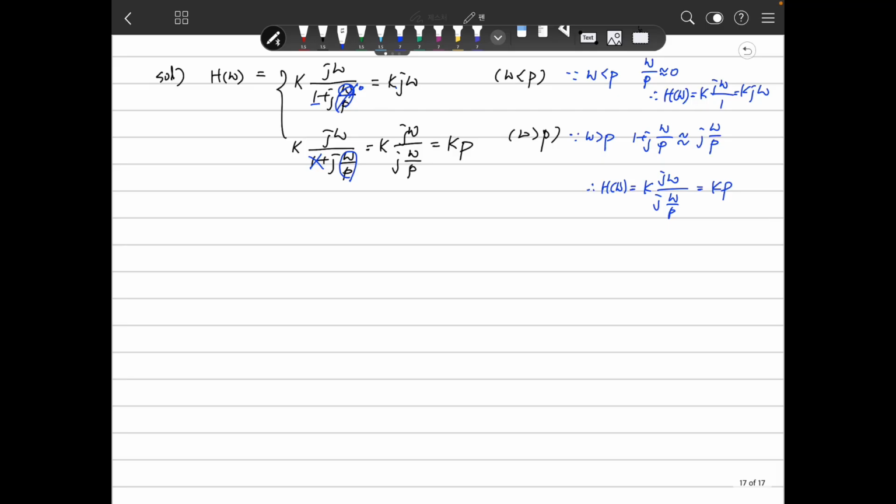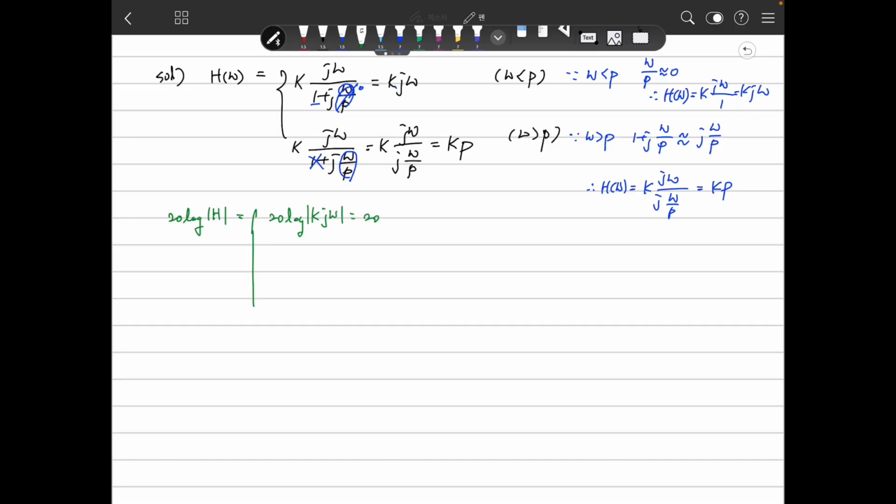So then what should we do at first? We need to draw the magnitude of that here. To do that, we need to transfer H into the dB division. Then what we have to do is 20 log magnitude of H, which will be 20 log of magnitude K j omega.